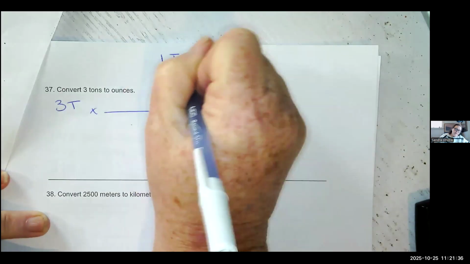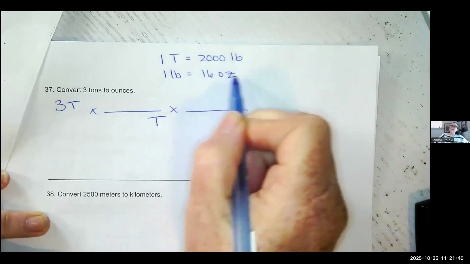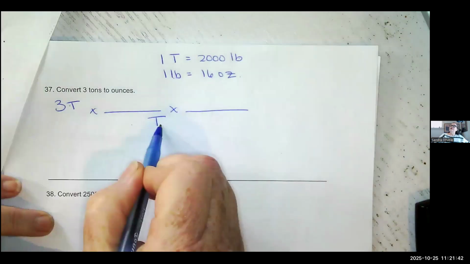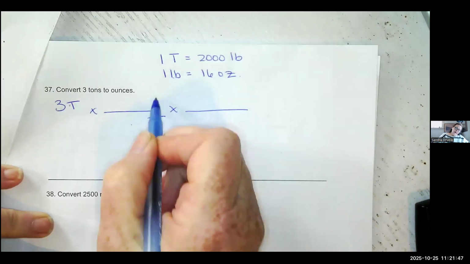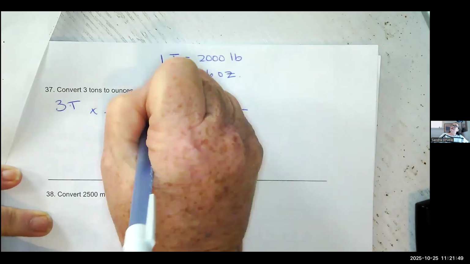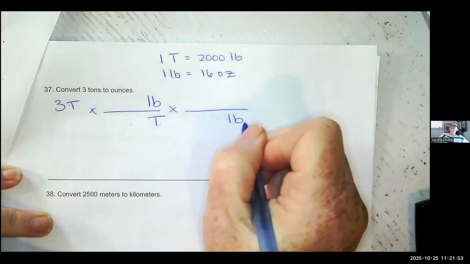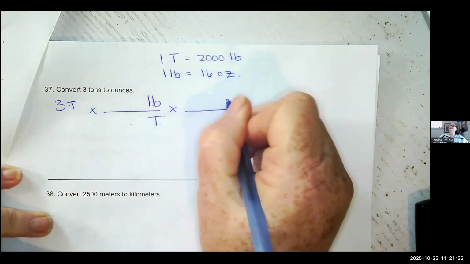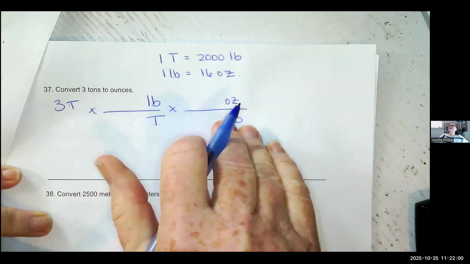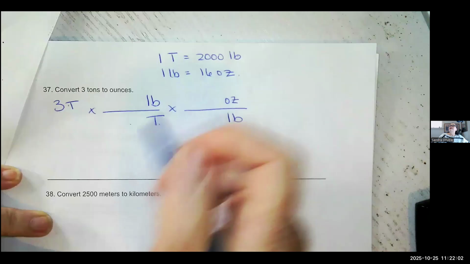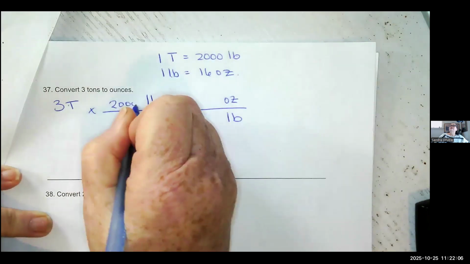I'm going to go from ton to pound and then from pound to ounces. My tons are currently gone. I've gotten rid of those, and the only thing I can go to from ton is pound. Okay, I don't want pounds, so I've got to put it down here to get rid of it, and then from pound, I can get to the ounces. Once I get it set up to where everything else crosses out except for what I want, now I plug in my numbers. 1 ton is 2,000 pounds, and 1 pound is 16 ounces.